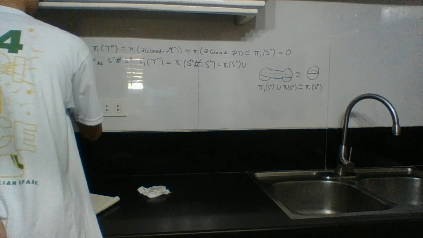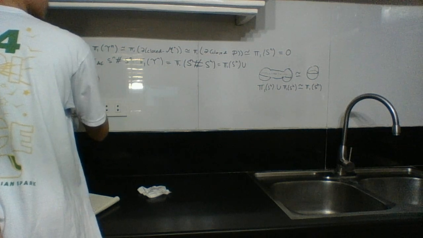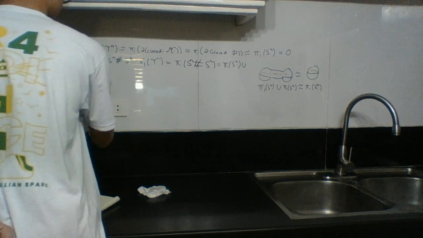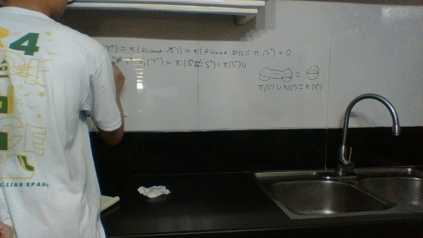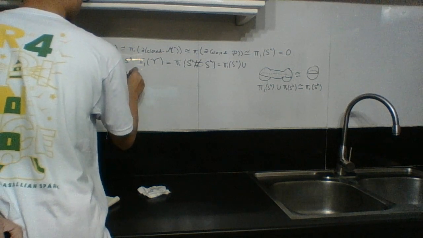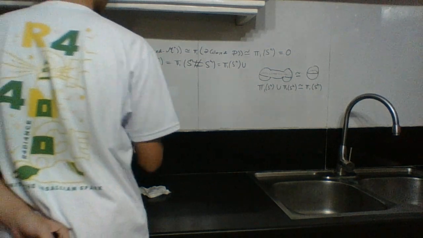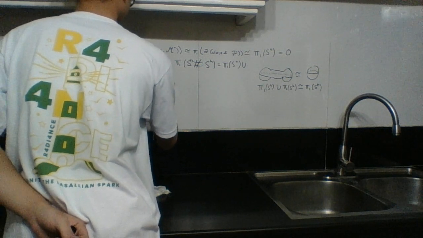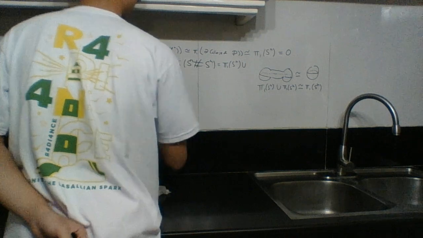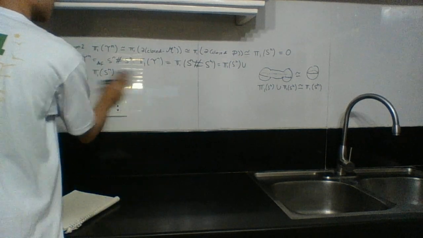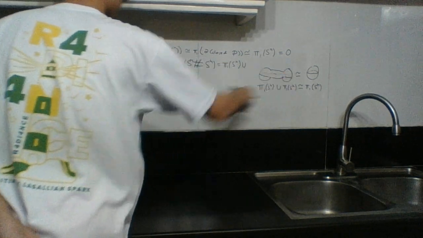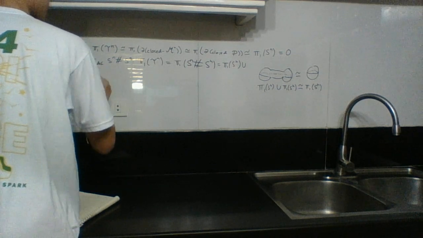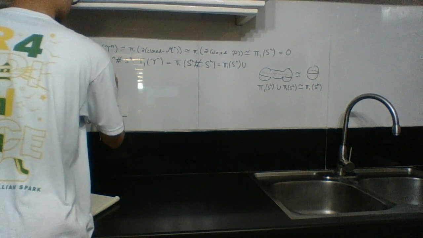Union pi 1 of Sn, and because the fundamental group of Sn independent of a base point is 0, that tells us that, actually sorry, we're using this fact over here, this picture that is isomorphic to just pi 1 of Sn.